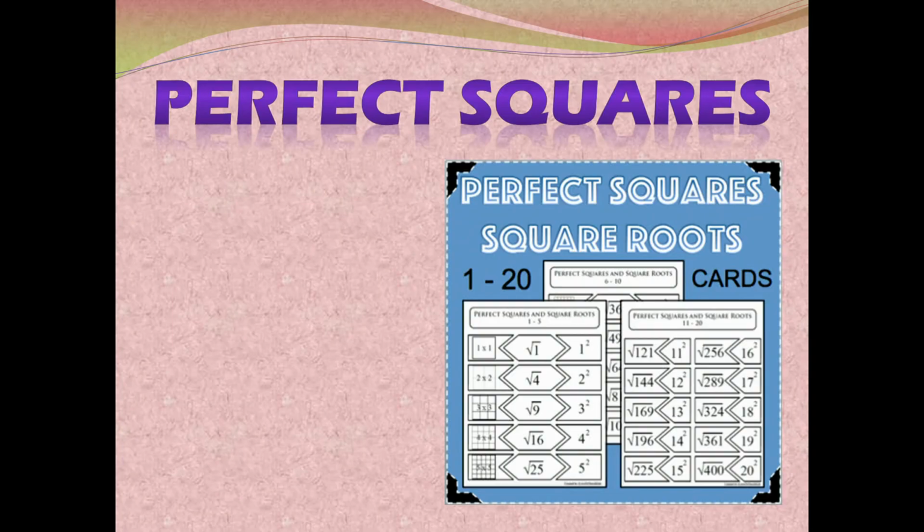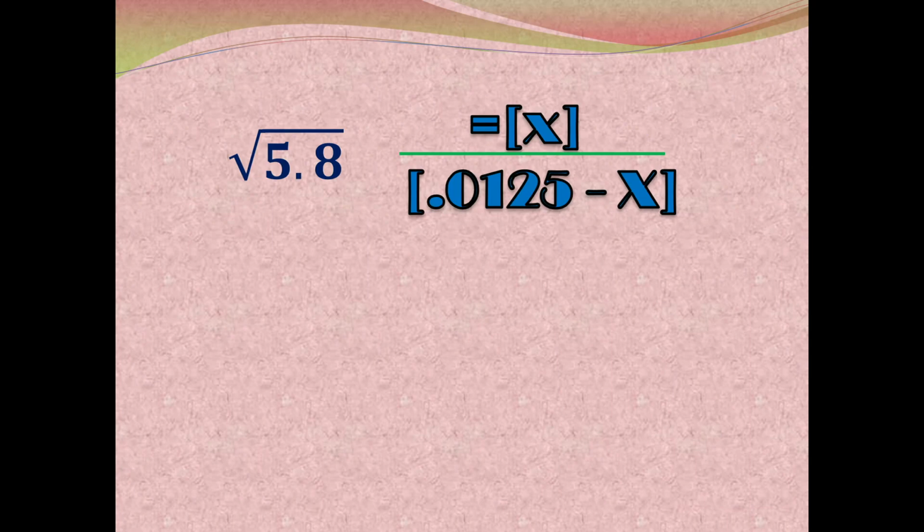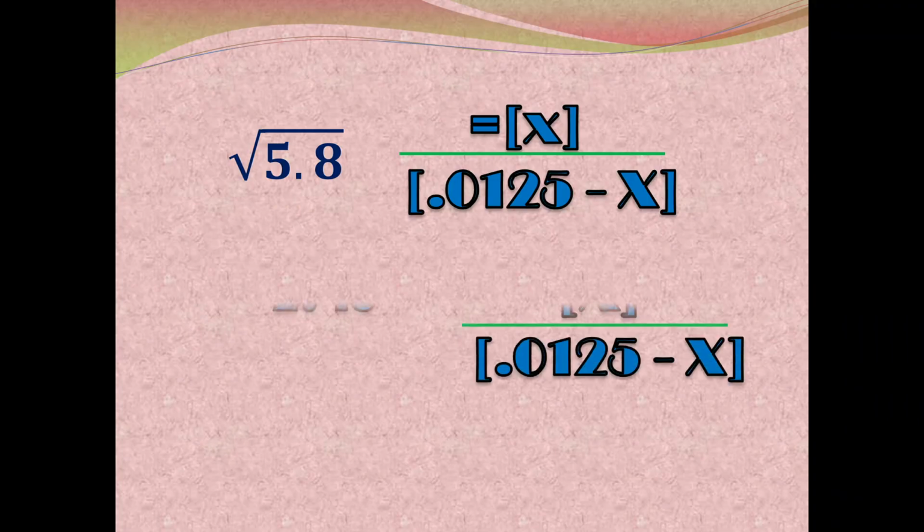And therefore, I can take the square root of both of them. So I'm going to take the square root of 5.8 and just make it equal to x over 0.0125 minus x. Now I don't have a quadratic. I do have to do some algebra, but I don't have a quadratic. There's no x squared anymore. So the square root of 5.8 is 2.4.